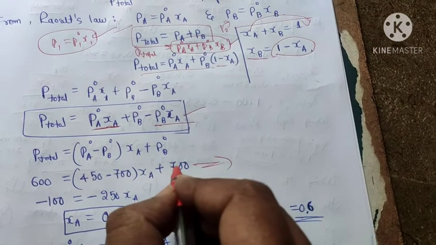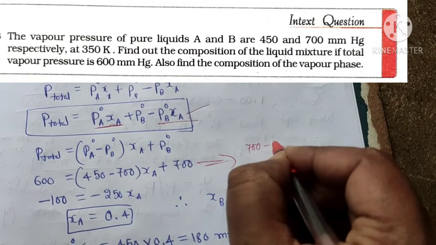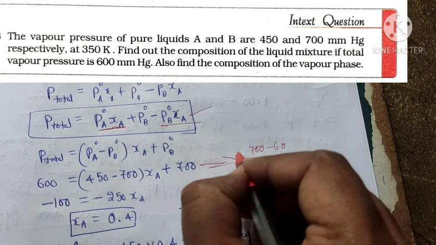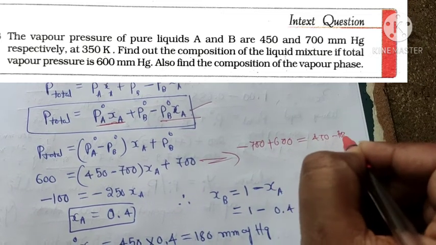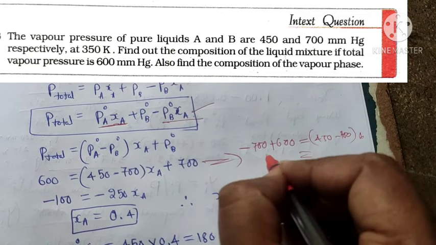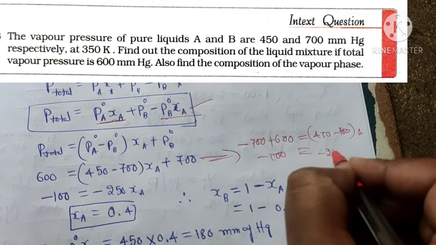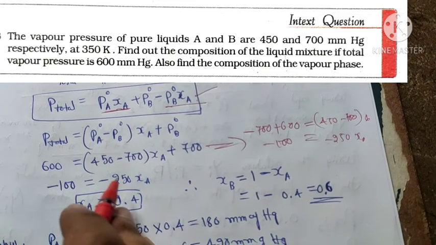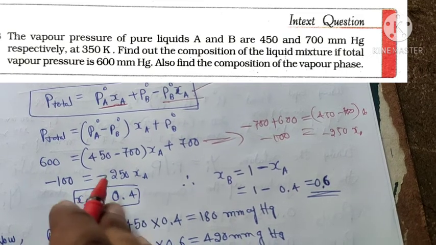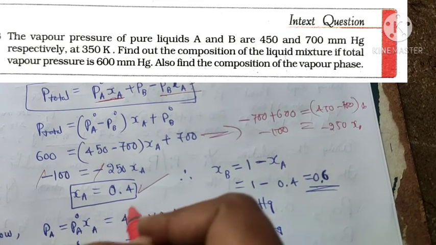Multiplying, the 700 goes to the other side: 600 minus 700 equals 450 minus 700 times XA. In total we get minus 100 equals minus 250 XA. We only need XA, so we get 0.4 as the XA value.